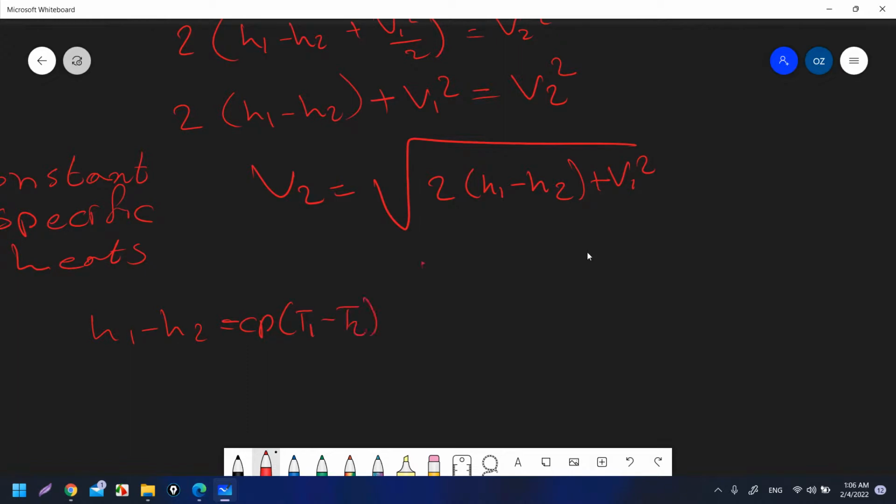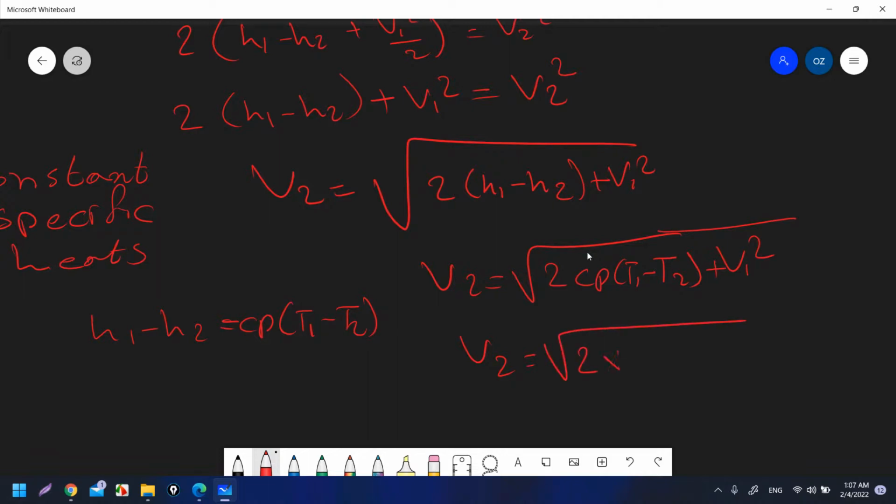So V2 equals the square root of 2 Cp (T1 minus T2) plus V1 squared. I have Cp, the temperatures, and the initial velocity, so I can get V2 directly. 2 times Cp is given, 1.156, times 627 minus 450.